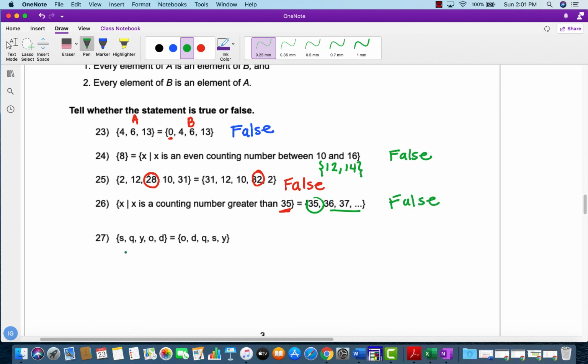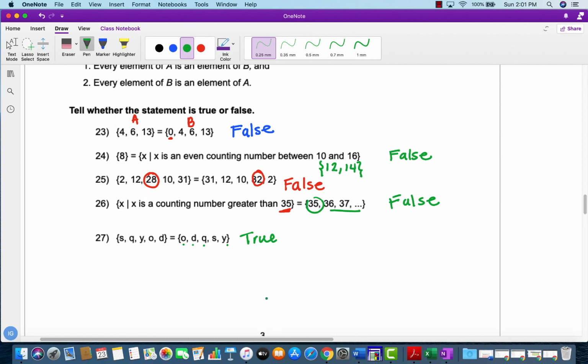All right, so the last one, S, Q, Y, O, D and O, D, Q, S, Y. Notice they are the same, but the letters are mixed. That is okay, because the elements of the first one are in the second one, and the elements of the second one are in the first one. So we're going to say true.